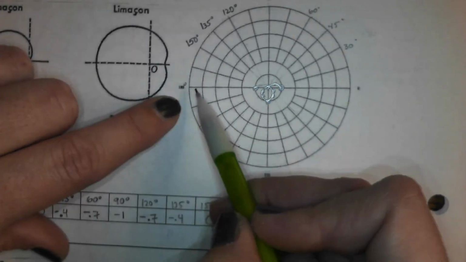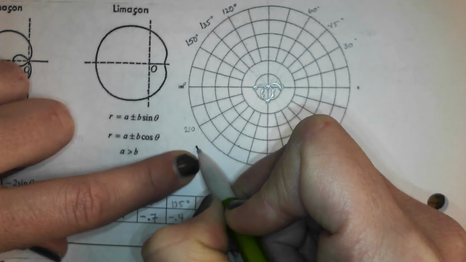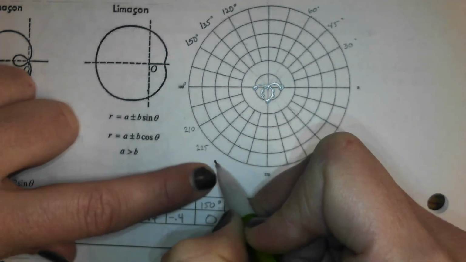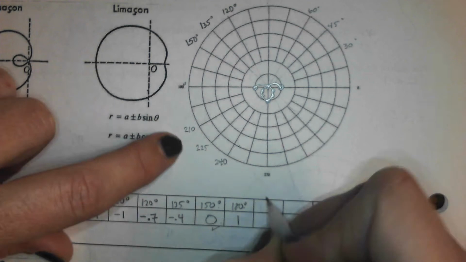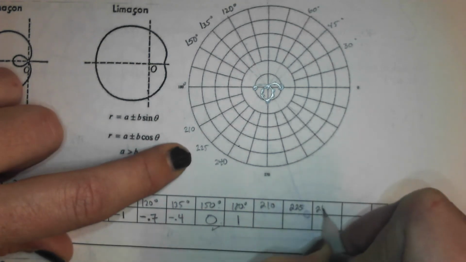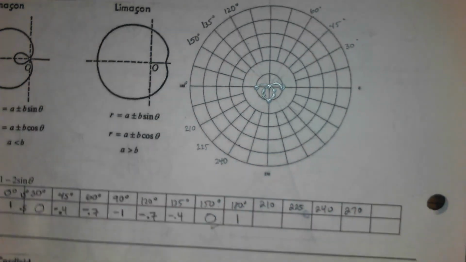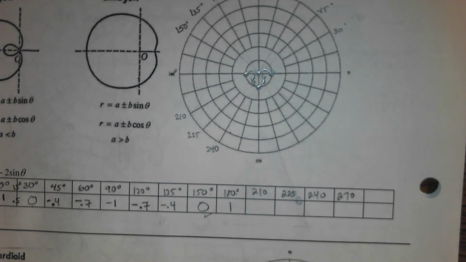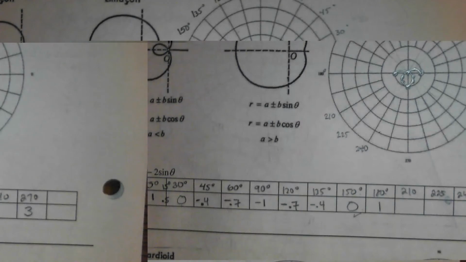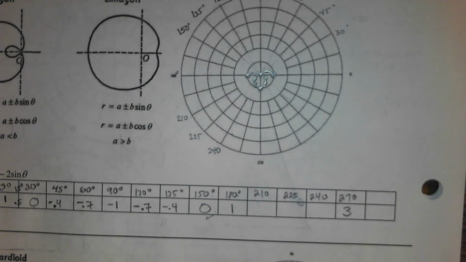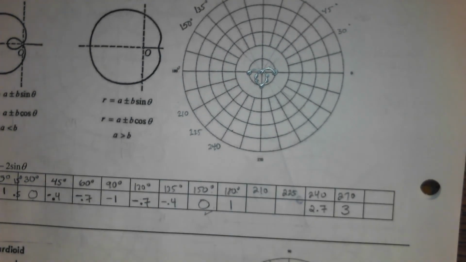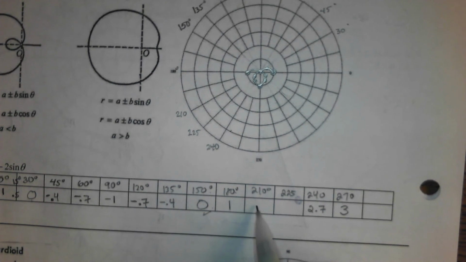Then when we keep moving around our circle, what are the next angles we're going to plug in? 210, followed by 225, 240, and then 270. So I'll work backwards, you work forwards. What do you get with 210 degrees? 2?